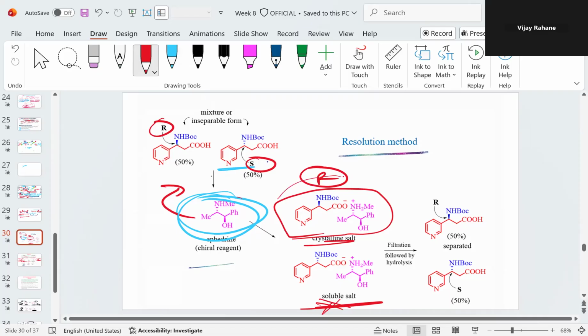The salt with the R isomer is crystalline and insoluble, so this crystalline insoluble salt we can separate from the other one just by filtration. This is how we can do the resolution method: we add some other reagent and make them separable from one another. So this is about the resolution method.